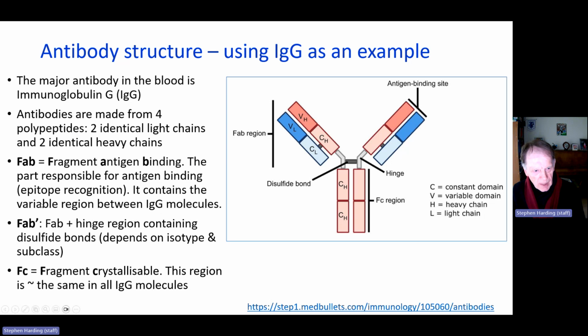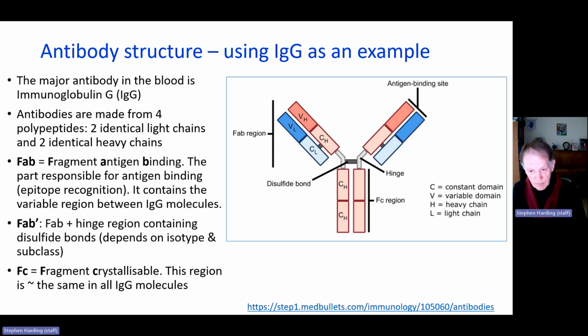Fab' with a prime means Fab plus the hinge region, which contains disulfide bonds, and the disulfide bonding is through cysteine residues on the polypeptide chains.